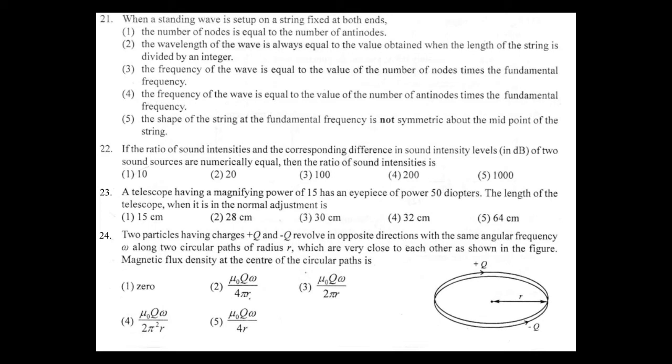So number 3 is wrong. 4, the frequency of the wave is equal to the number of antinodes times the fundamental frequency. Yes, now your fundamental mode frequency is f naught, multiplied by the number of antinodes, which is 1. So 1 f naught. Now it is right. So the answer is 4.